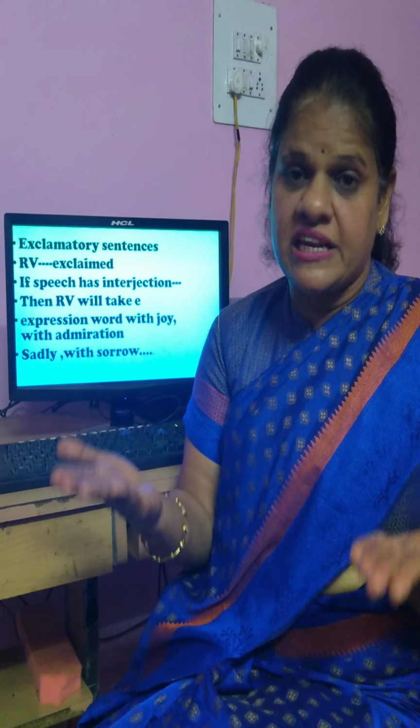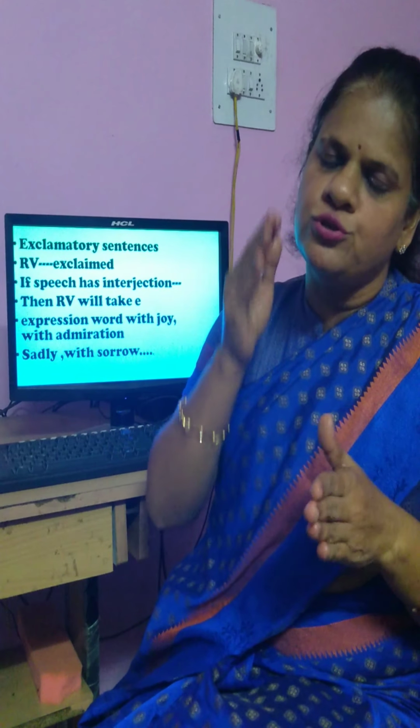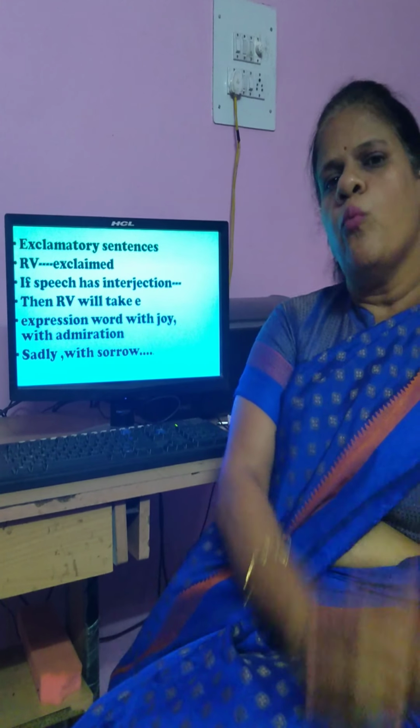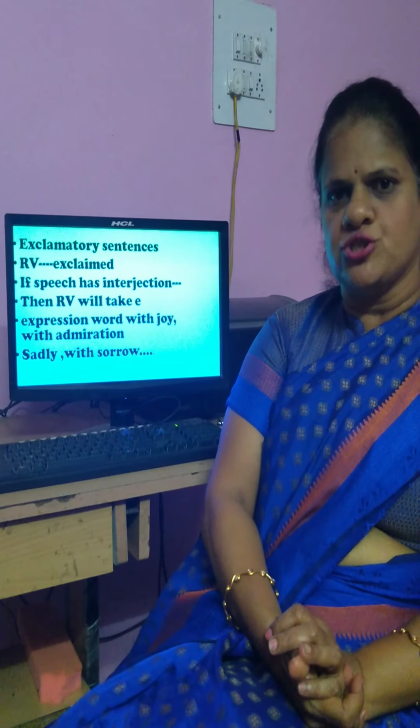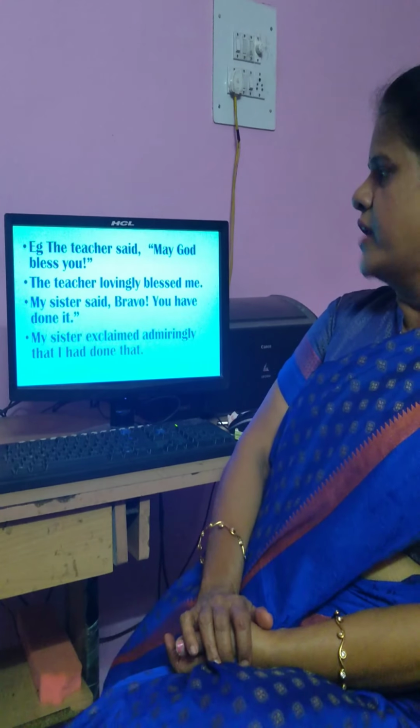The coach exclaimed admiringly that I had won. There also you need to follow the rule that the present tense will be changed to past tense. That is, you have won will be changed to I had won the match. I hope it's clear. Now, examples I have just written here, you can just go through.